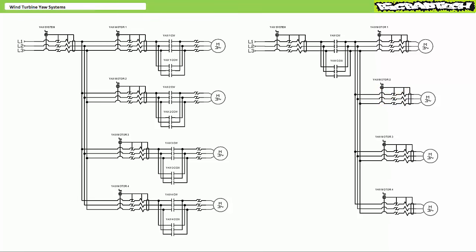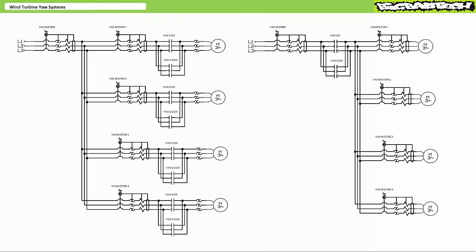What you gain is a simplified control circuit because there'll be only a single pair of contactor coils, one clockwise and one counterclockwise, but what you lose is the ability for the control system to selectively energize individual motors, which again isn't ordinarily done on a regular basis. Be on the lookout for different manufacturer implementations that do the same thing as discussed in this lecture.